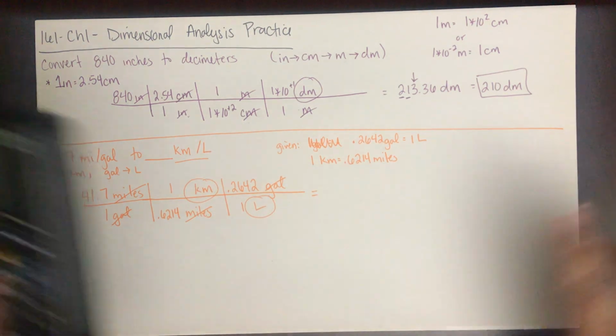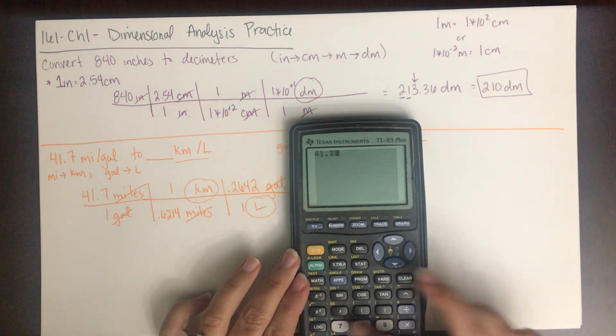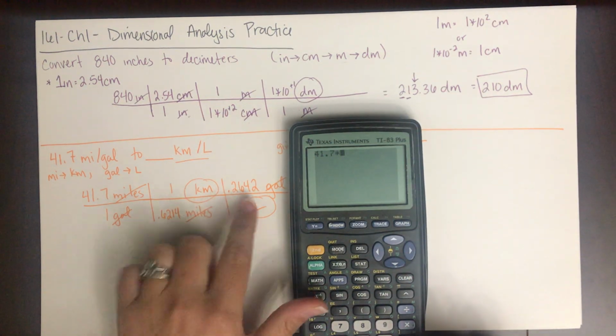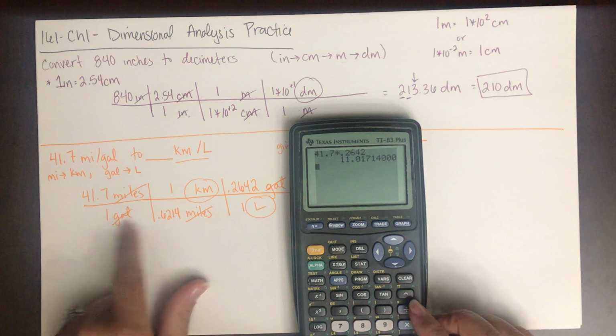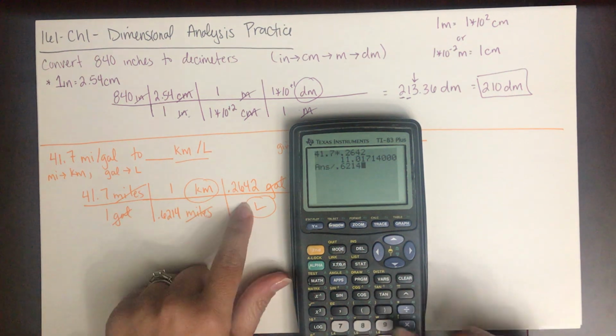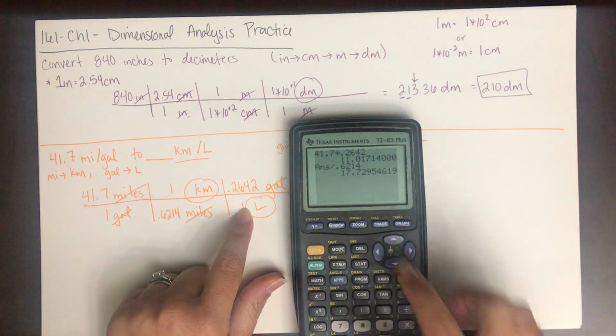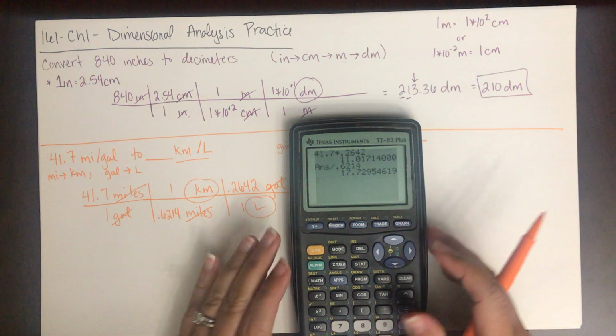So we're just going to, again, multiply across the top, divide by what's on the bottom. So 41.7 times 1 times 0.2642 divided by 1 times 0.6214 times 1, and I get this number, 17.72954619.